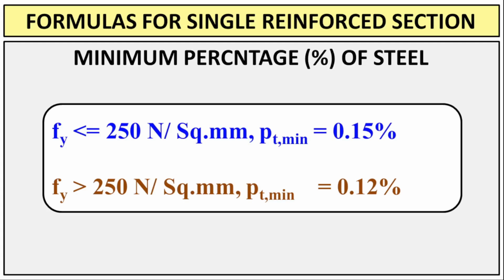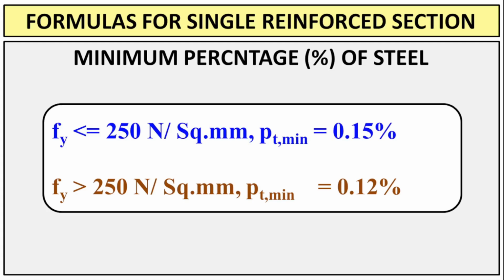In such cases, the minimum percentage of tensile steel, represented as PT, min, is 0.15%. When the yield strength of steel, Fy, exceeds 250 newtons per square millimeter, for this scenario, the minimum percentage of tensile steel, PT, min, is 0.12%.